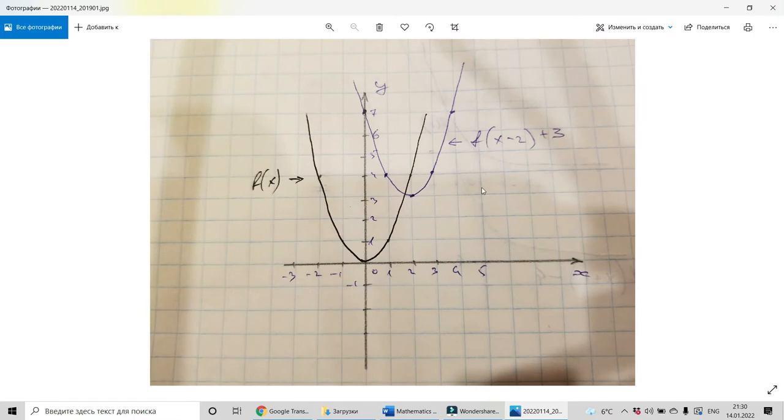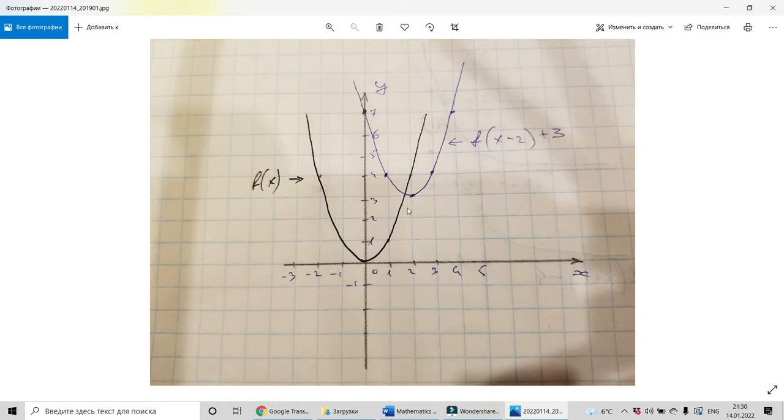Okay, this is our function f of x equals x squared, and we slid it to the right by 2 units because we changed our argument by subtracting 2, and to the whole function we added 3, so we moved up 3 units.